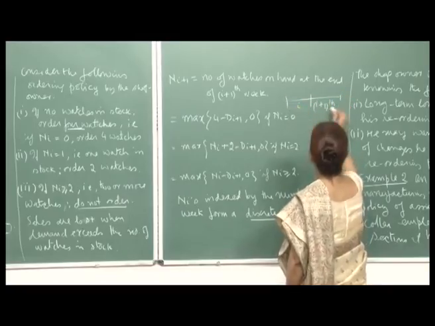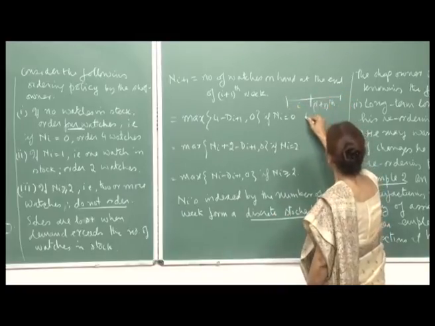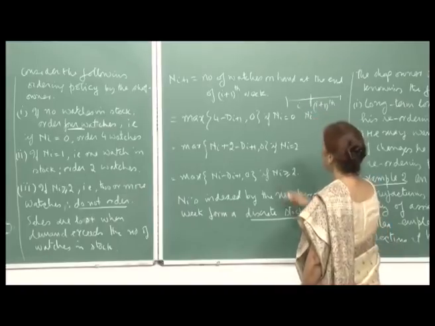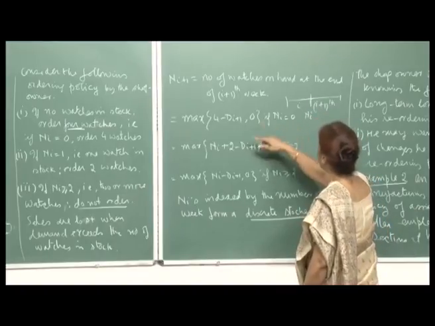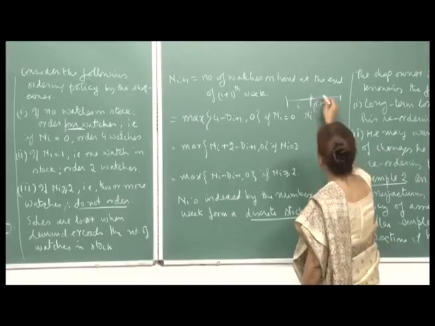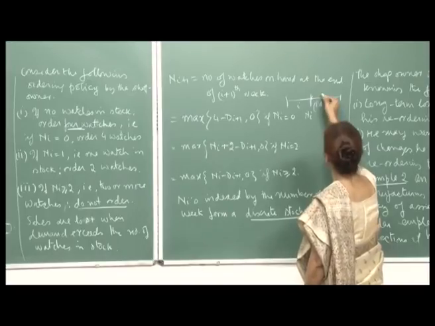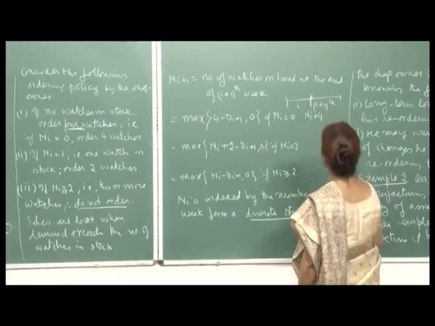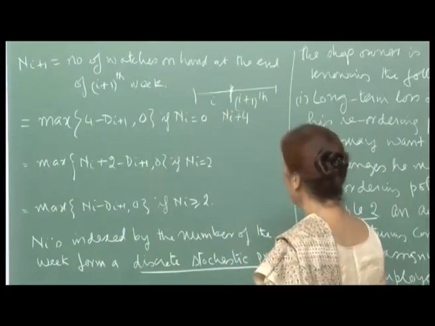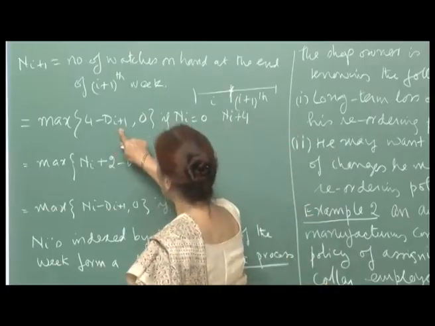So, at this point you had Ni watches. Now, if Ni is 0, then you ordered 4 and they were delivered by the time your (i plus 1)th week started. So, that means at this point you will have 4 watches, and then there is demand Di plus 1.